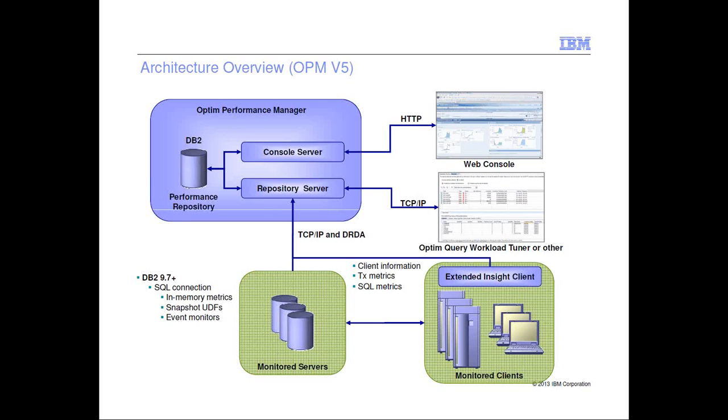Now the repository server is the one which runs and picks up performance data from the various monitored databases. So the way data is collected would be based on using in-memory metrics or snapshot UDS or event monitors.